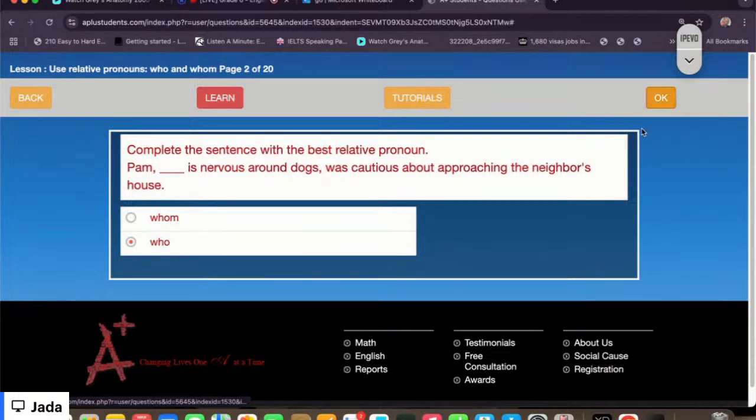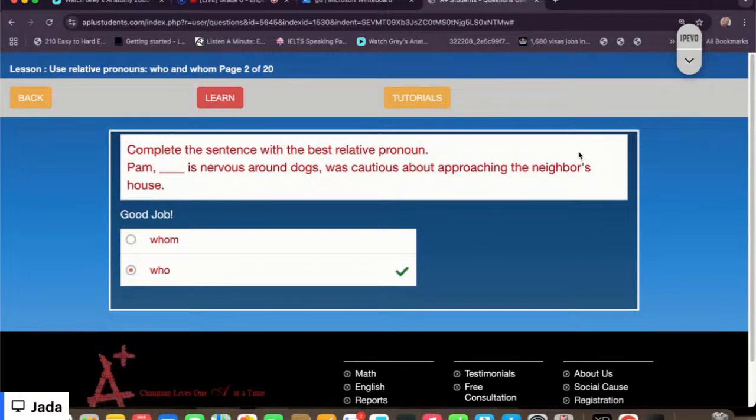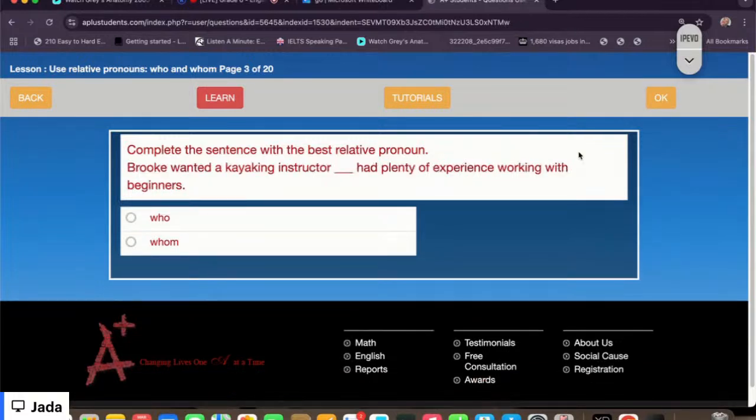Who, okay? Because you can say she's nervous around dogs when you restate. Brooke wanted a kayaking instructor, dash, had plenty of experience working with beginners. Who or whom? What do you think?